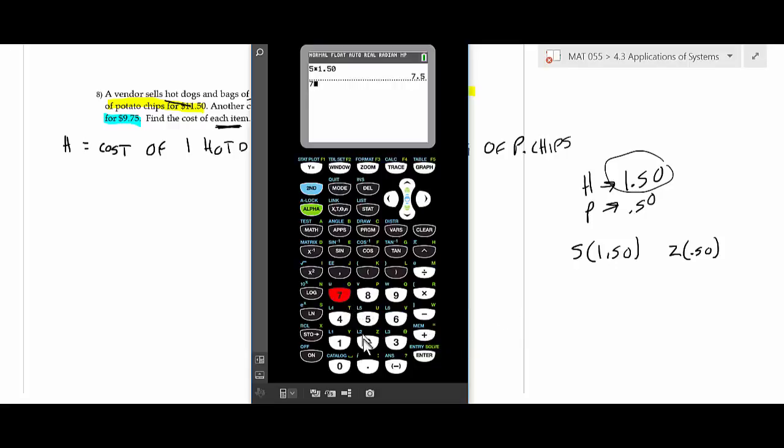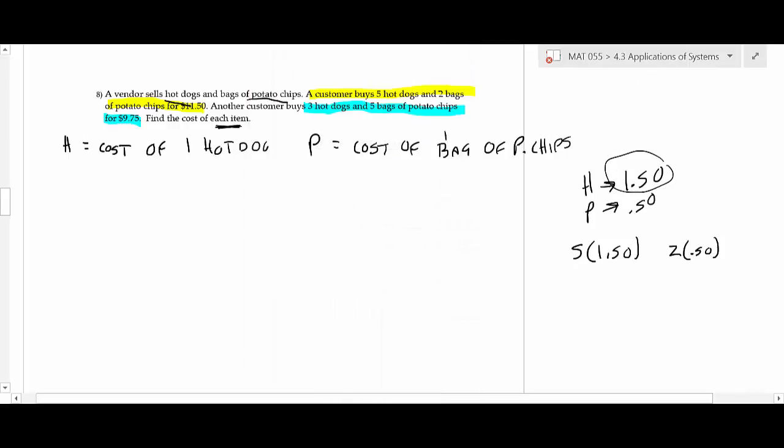So you would have $7.50 for the hot dogs plus $1. Okay, what do you have? You have $8.50. You were supposed to get $11.50. I could play with this, and do you agree that I could eventually stumble onto the answer? Okay, I could just say maybe a hot dog's $2. Maybe potato chips are 75 cents. It might take a long time, but I could stumble onto the answer. You see what I mean?